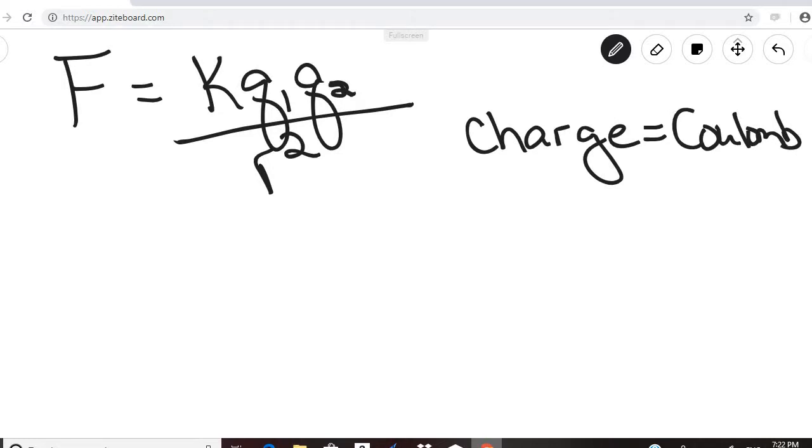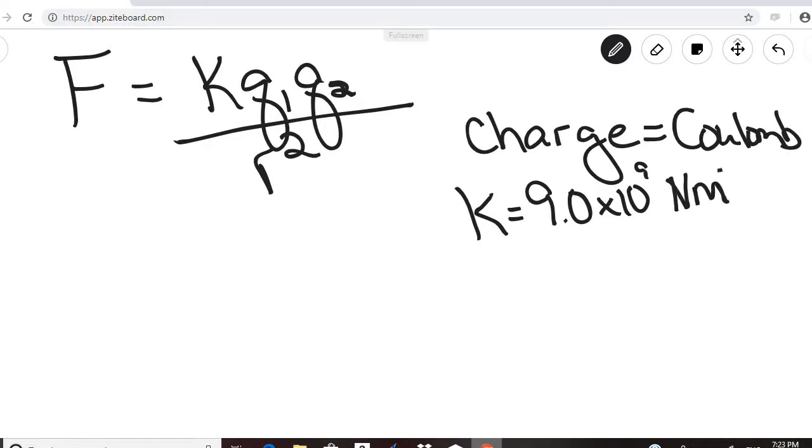The unit for K is a Newton meter squared per Coulomb squared, and K is equal to 9.0 times 10 to the 9th Newton meters squared over Coulomb squared. And R, like we've seen before, is in meters.